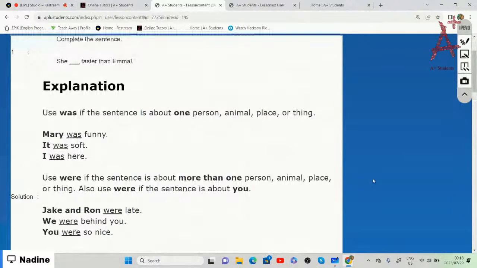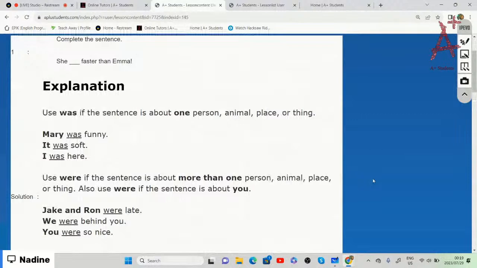Is refers to one person, animal, place, or thing. And so is and was basically refer to one person, place, animal, or thing. And then are and were, like in this case, which we are still going to find more out about, refer to more than one person, place, animal, or thing.